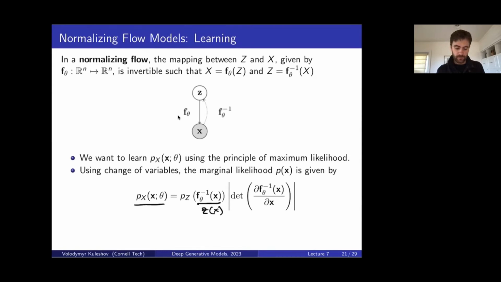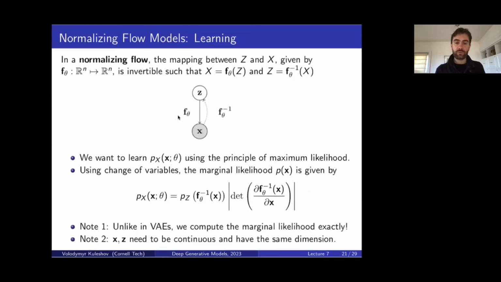For each X, there's a unique Z. Now I evaluate the density of this Z, and I apply this normalizing factor to account for the fact that we have a change of variables and the density has to be adjusted by the local change of volume. So this is just applying the change of variables formula. And now that we have this formula, we're going to be able to do learning.